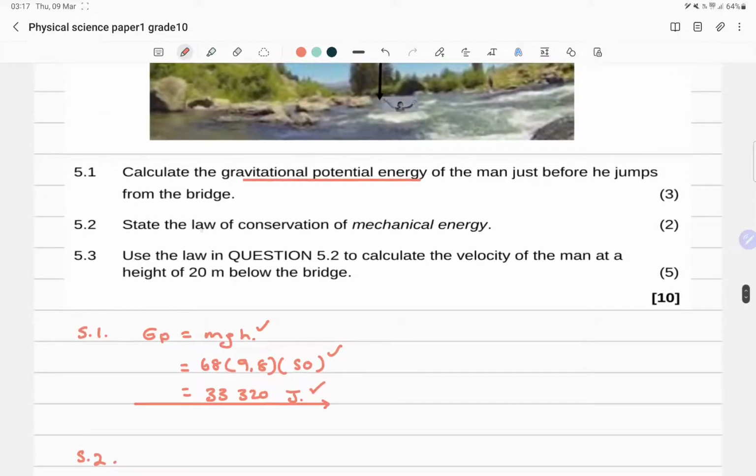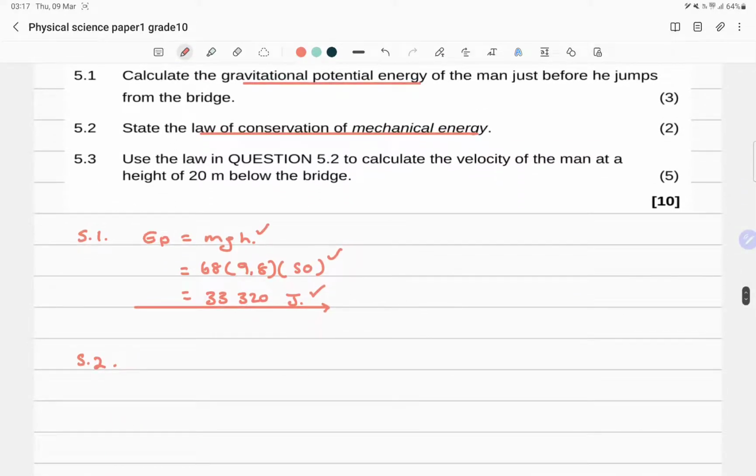5.2, it says state the law of conservation of mechanical energy. Okay, so all I know is that, maybe let's write properly. The mechanical energy in a closed system is constant.